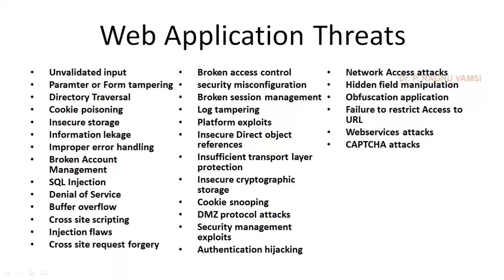Improper error handling: sometimes errors will reveal the entire information related to the web application. Broken account management may also be taken control of by the hacker, and the account may be managed by them. That is the reason proper login and logout should be maintained.